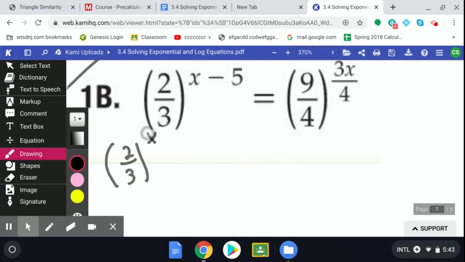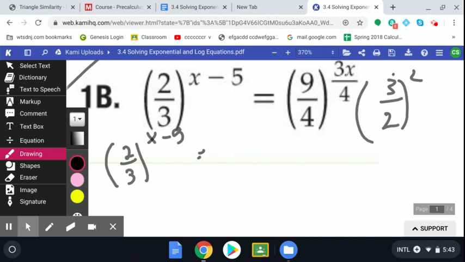2/3 to the x minus 5 power is equal to, and I know that 9/4, I will do a little work on the side here. I know that 9/4 is 3/2 squared, right? Because 3 squared would be 9 and 2 squared is 4. But I don't want 3/2, I want 2/3.